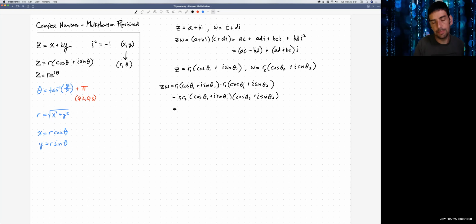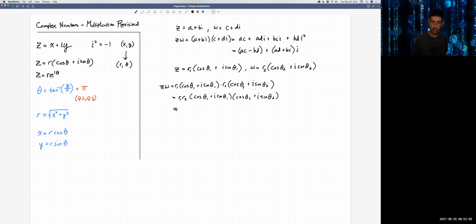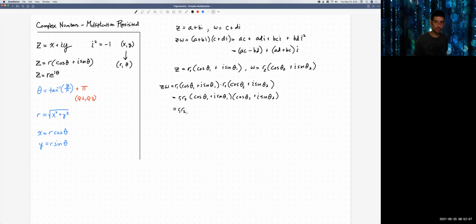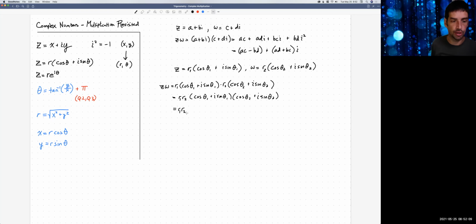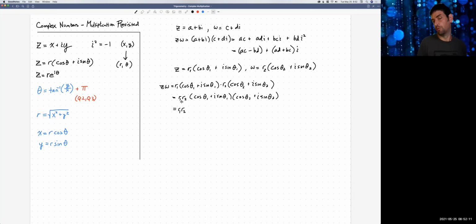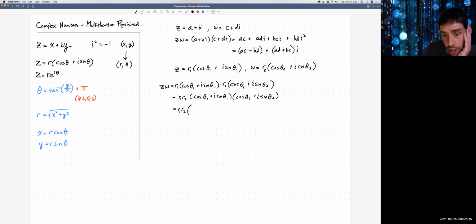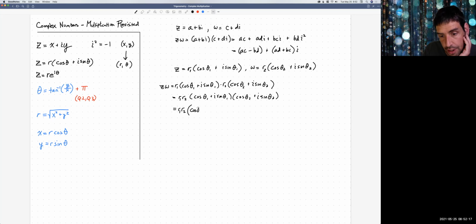And now I'm just going to expand those two terms at the end, r1, r2. This is, remember, r is just a regular real number. There's no complex part to this. It's just the number, the x squared plus y squared, the square root of that. So we're just multiplying two numbers together here. Let's see what happens when we expand. So I'll get cosine theta 1 times cosine of theta 2.